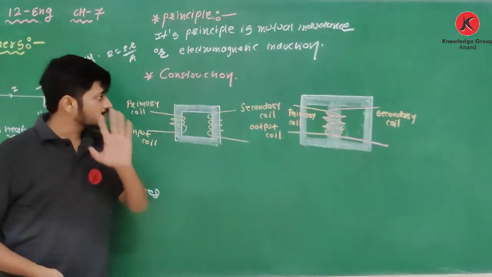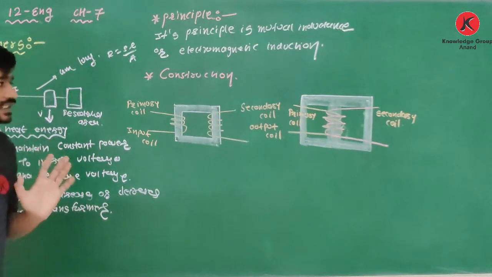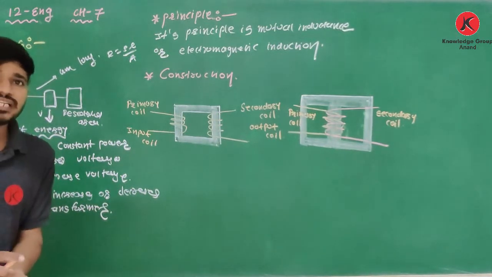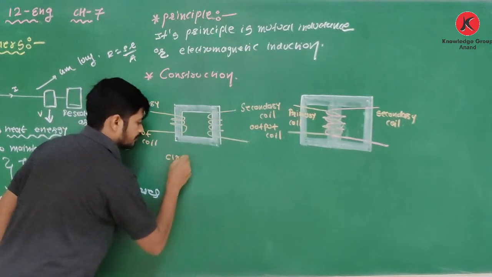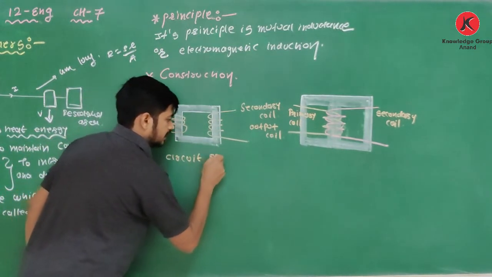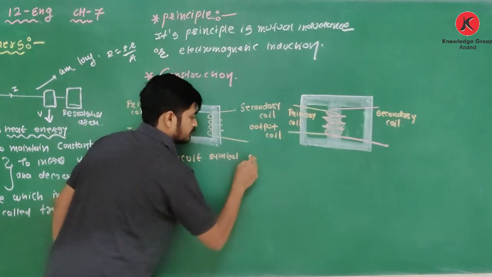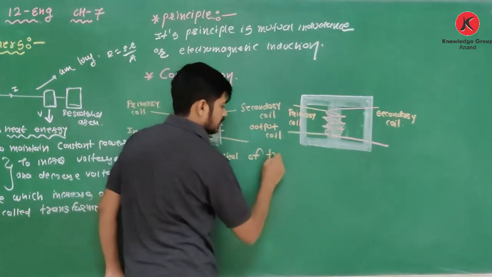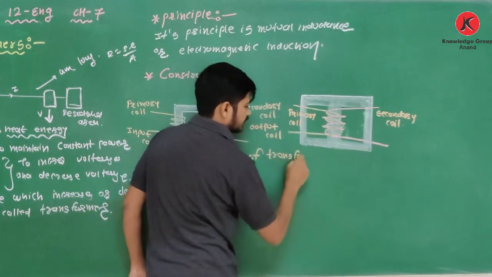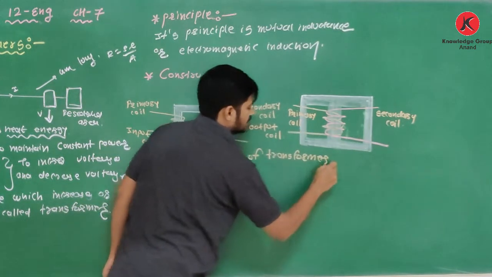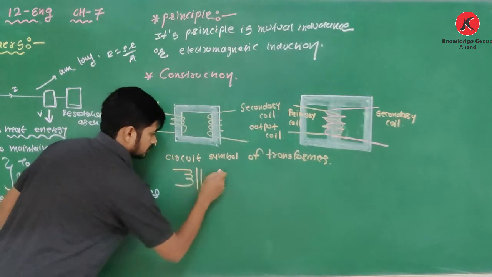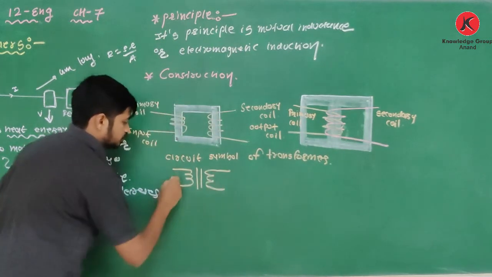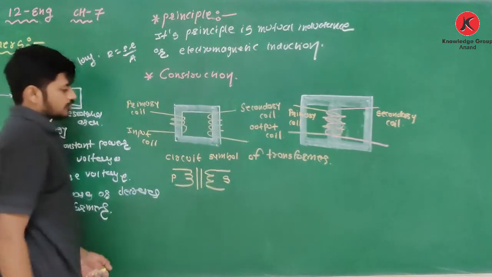Now that is about construction. What is the circuit symbol of a transformer? The circuit symbol of a transformer is like this. It is the primary coil and it is the secondary coil.